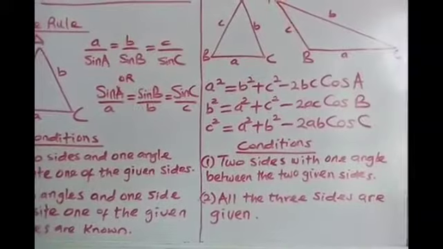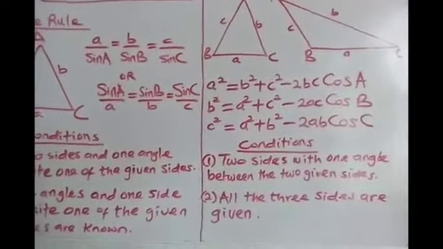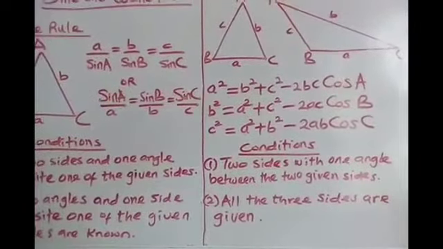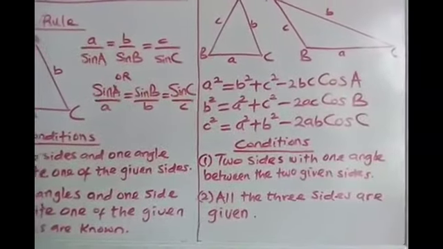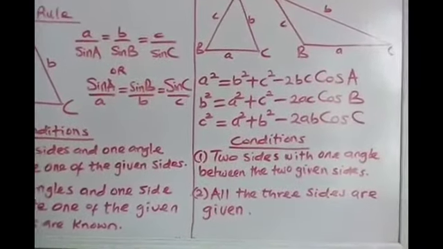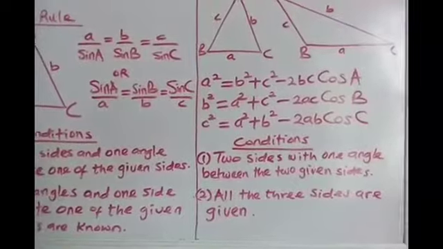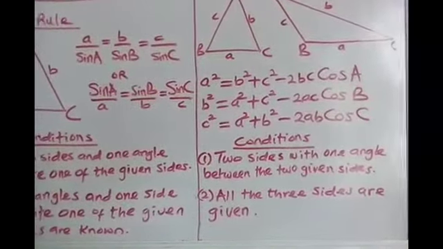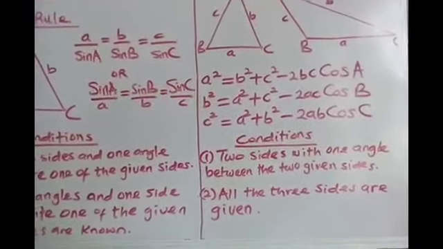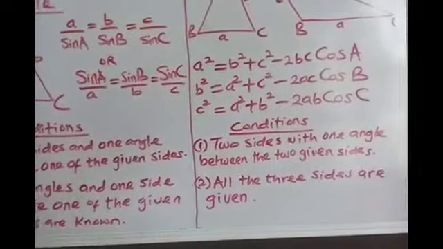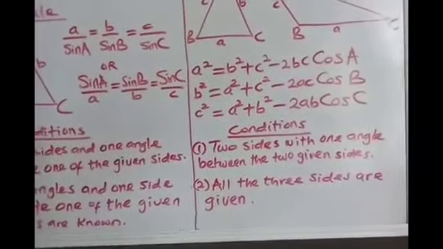If you have two sides and one angle, that angle given must be between the two given sides. Second condition, all the three sides of the triangle are known. If they are all given, then we shall apply cosine rule to solve the question.